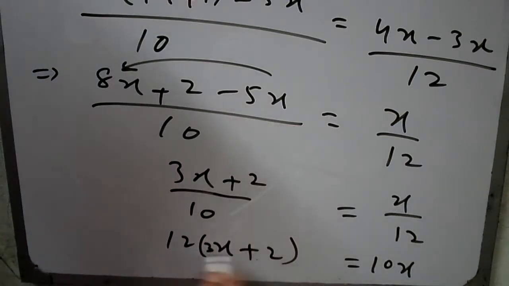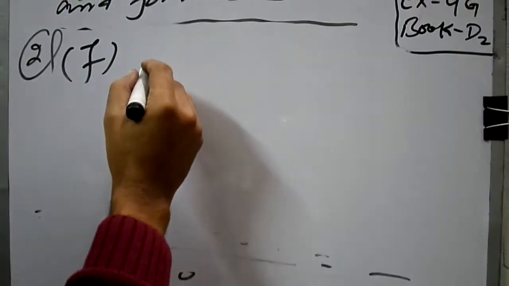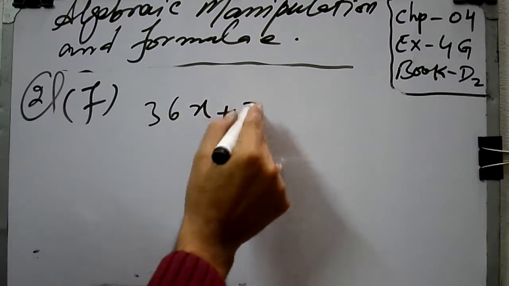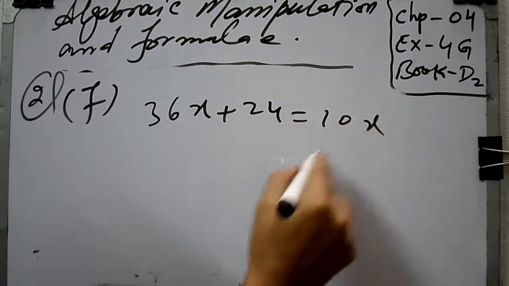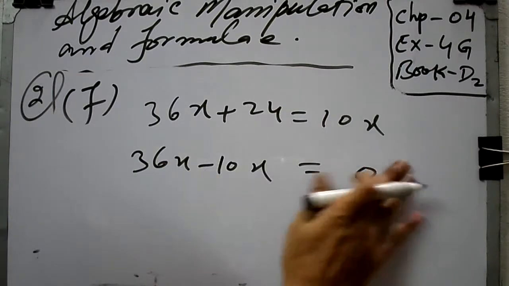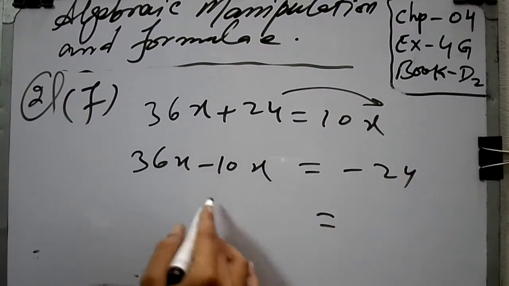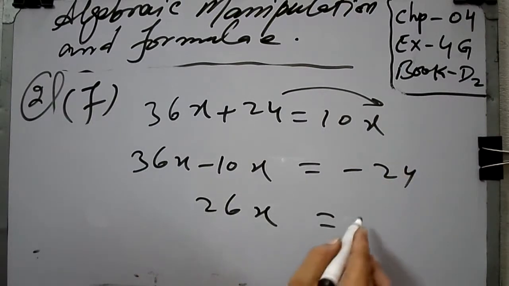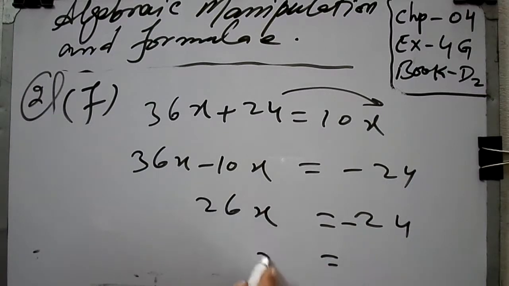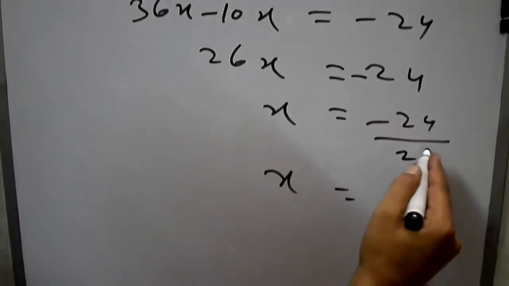So multiply it, but you don't have enough space, you can see here, so shift here 36x minus 10x, and this 24 will be shifted here minus 24. So 26x is equal to minus 24, so x is minus 24 divided by 26.